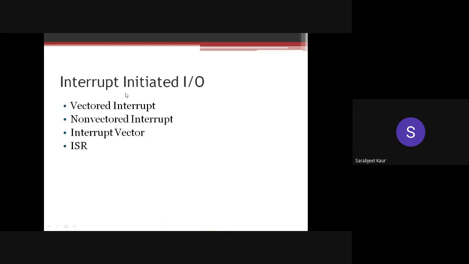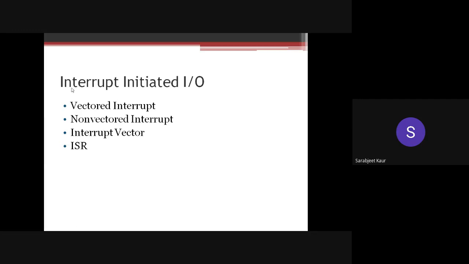Now, interrupt initiated IO can support a vectored interrupt or a non-vectored interrupt. What is the meaning of vectored interrupt? The vectored interrupt always provides the address of where to branch, that means the address of the IO program, which is to be executed by the CPU.